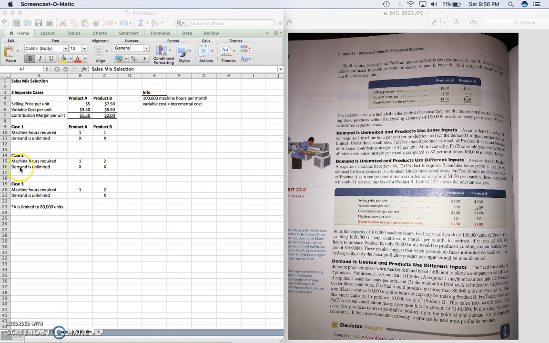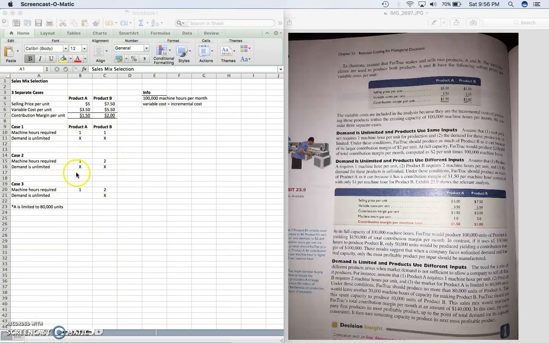However, there are different cases. In case two, the machine hours required for product A is 1, but for B it takes twice as long, so it takes 2 hours, and demand is unlimited. Doing the same thing, for product A, $1.50 times 100,000 machine hours is $150,000. For product B, the contribution margin would only be $1 per hour because it takes twice as long, and $1 times 100,000 is $100,000.